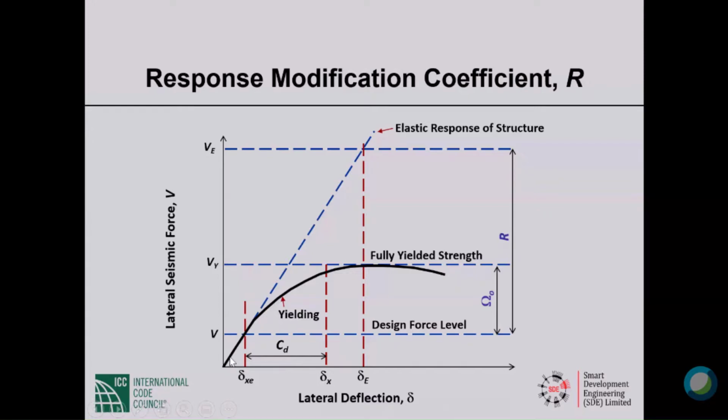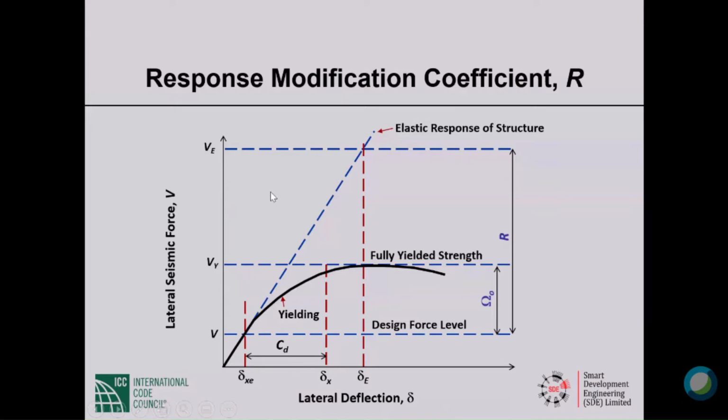If the response were elastic up to the design earthquake, then this would have been the load displacement curve. The force induced in the structure would have been V sub E, and the displacement suffered by the structure would have been delta sub E. In reality, this is the curve.